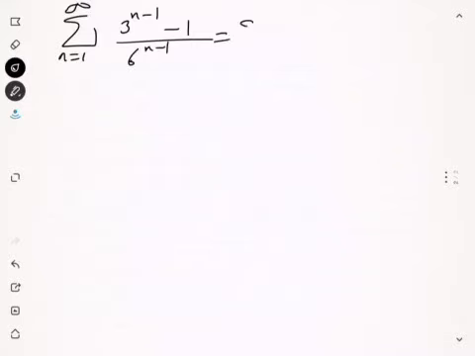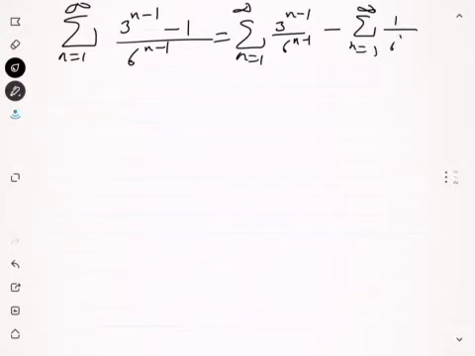You can write this as follows: the series as n goes from 1 to infinity of 3 to the n minus 1 divided by 6 to the n minus 1, minus the series as n goes from 1 to infinity of 1 over 6 to the n minus 1. And if this series converges and this series converges, then the original series converges. If at least one of them diverges, then the whole series diverges.